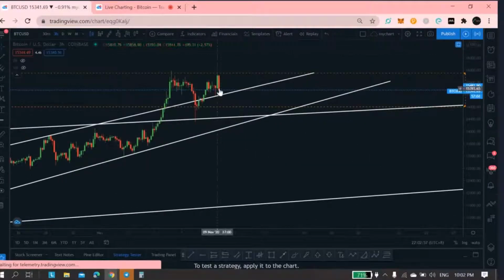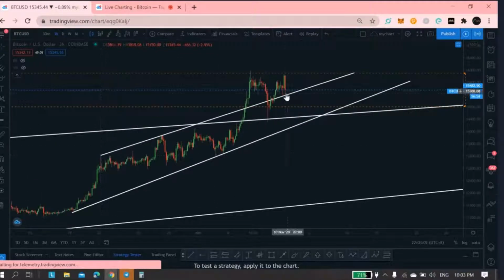So now we are currently here. That's the dump. So let's see if this support holds.